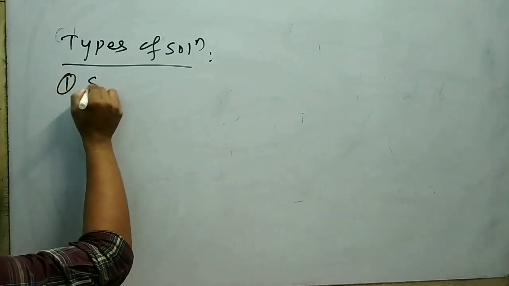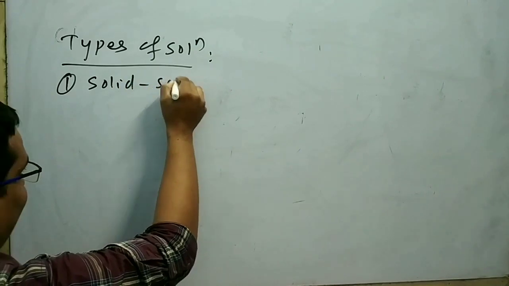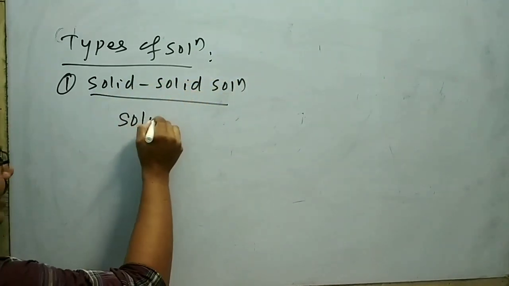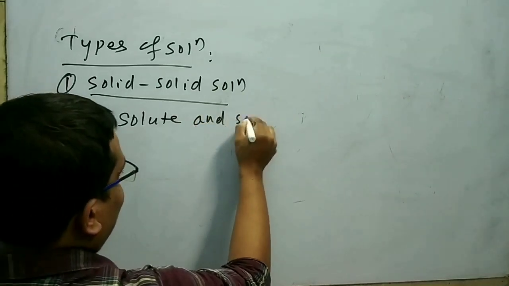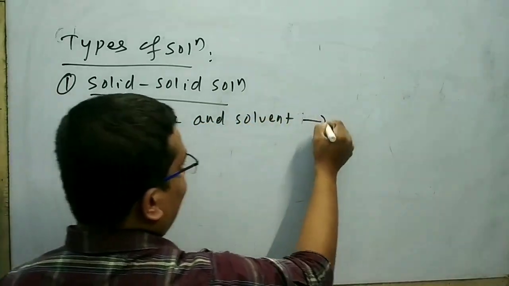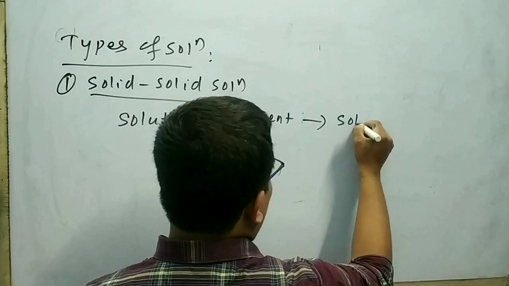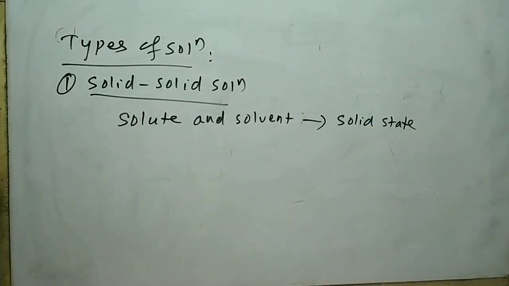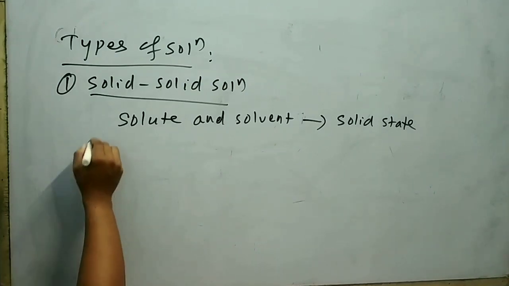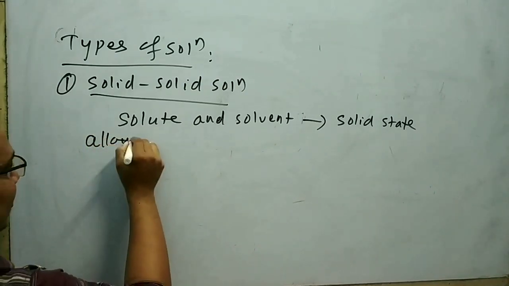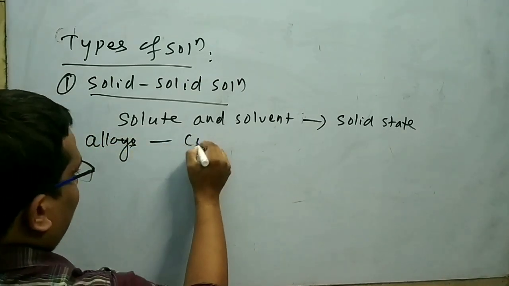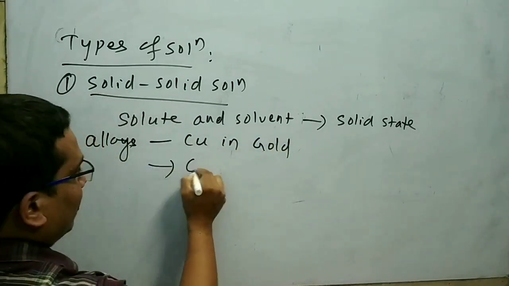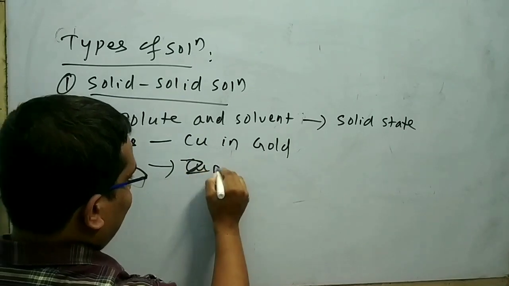First is your solid solution. In this case, solute and solvent are present in solid state. Generally, we think about examples like alloy, copper in gold, zinc in gold.